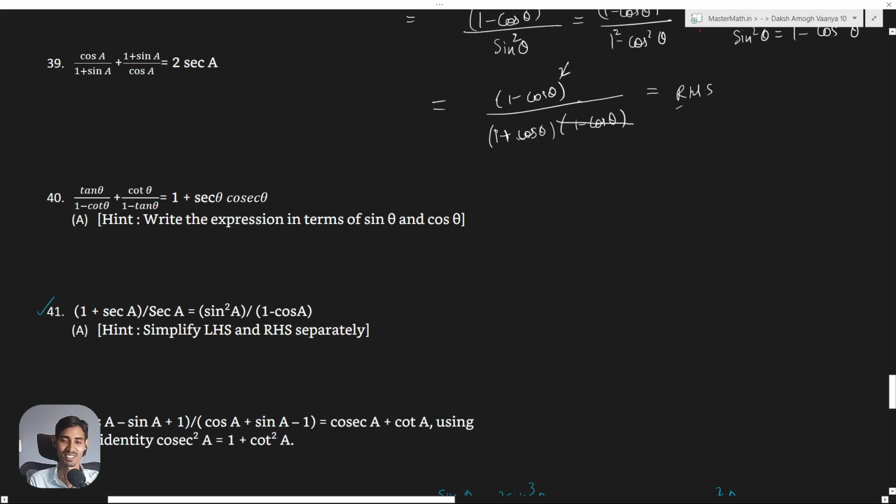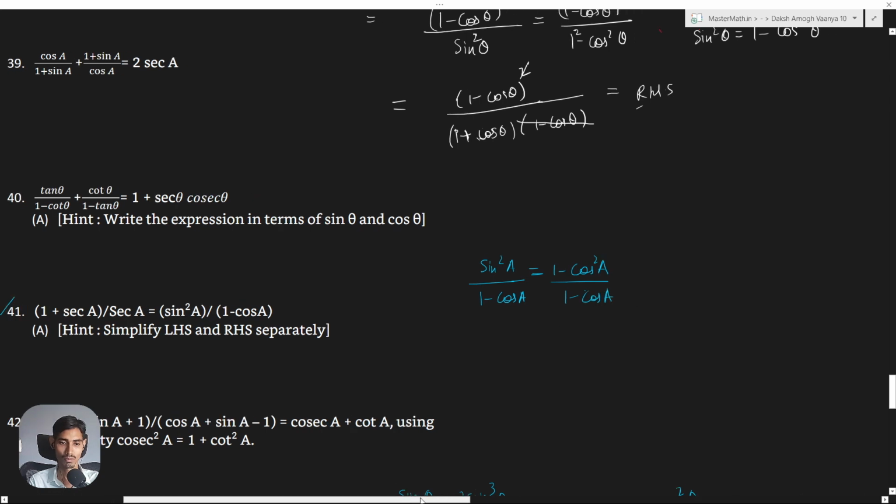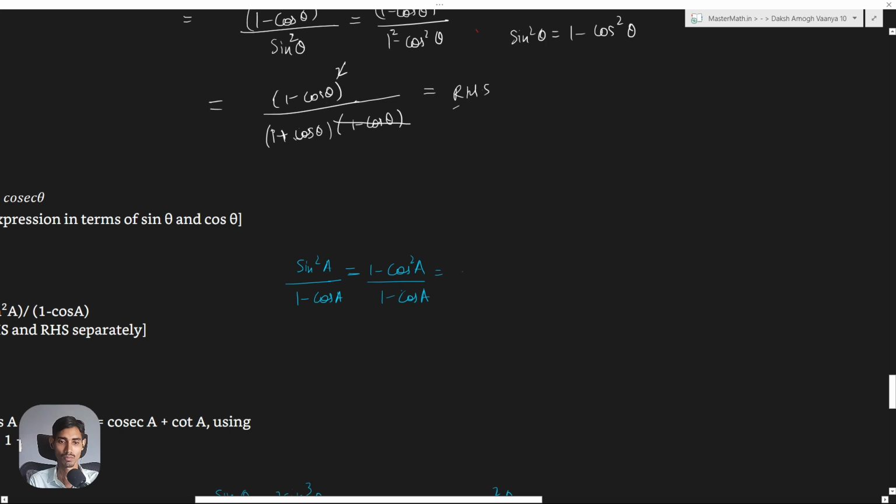So firstly, RHS is equal to sine square A by 1 minus cos A. So we can write sine square A as 1 minus cos square A, by 1 minus cos A. By simplifying, 1 minus cos square A can be written using the a plus b, a minus b identity as 1 plus cos A times 1 minus cos A, by 1 minus cos A. We can cancel 1 minus cos A. We get 1 plus cos A.